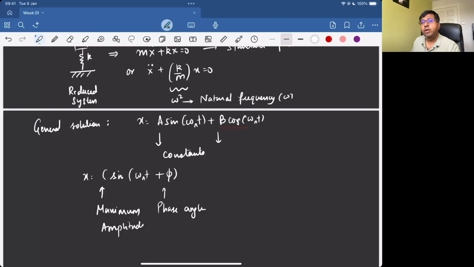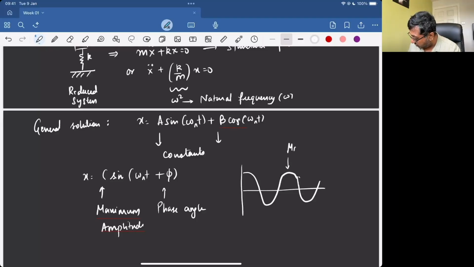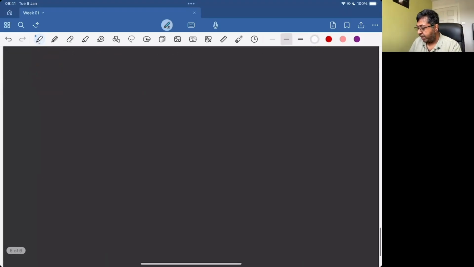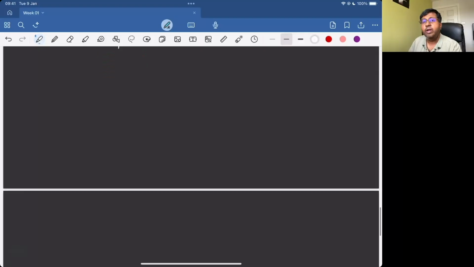So we basically defined some kind of a wave, and if this is the wave, then this is our maximum amplitude. Okay, so this was all already covered in your dynamics module, but it's good to recap most of these things to understand what we have been doing.